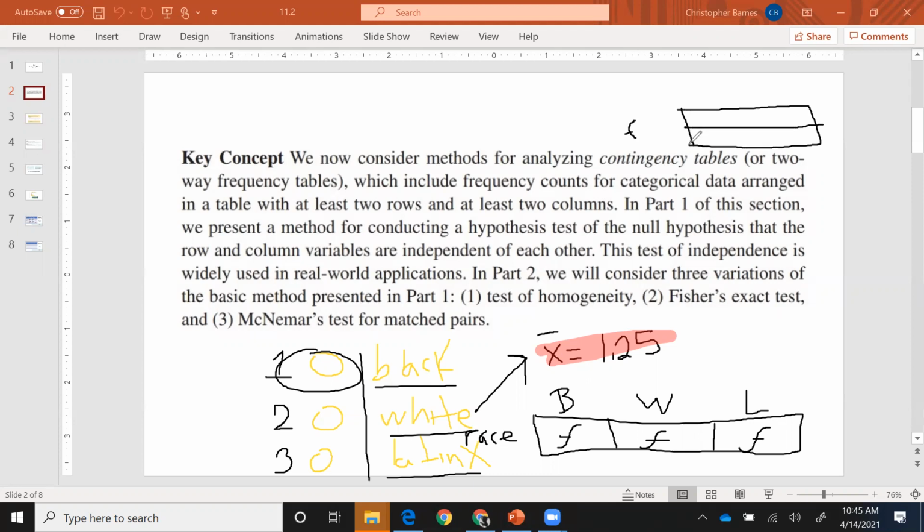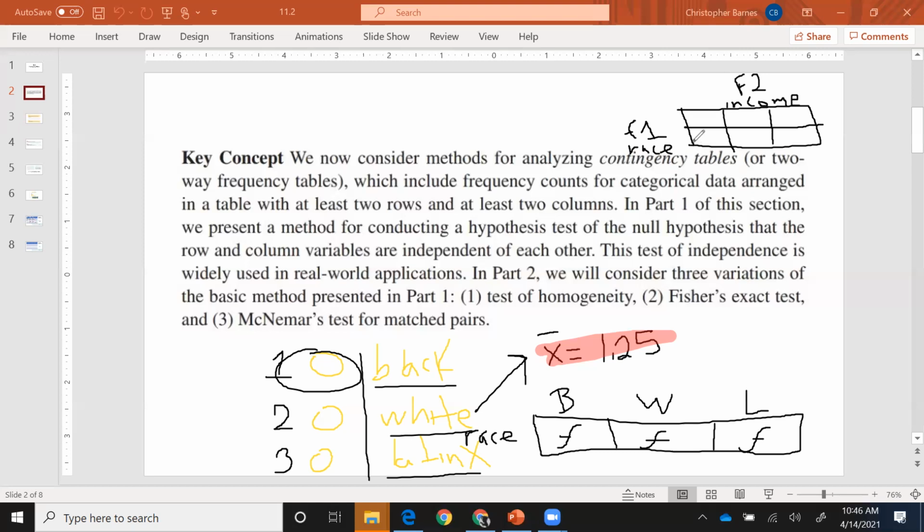So let's say factor 1, and that could be race. And then we could have factor 2, which let's say is income. You might say make a lot, a little, or not enough. We're going to do those aspects.